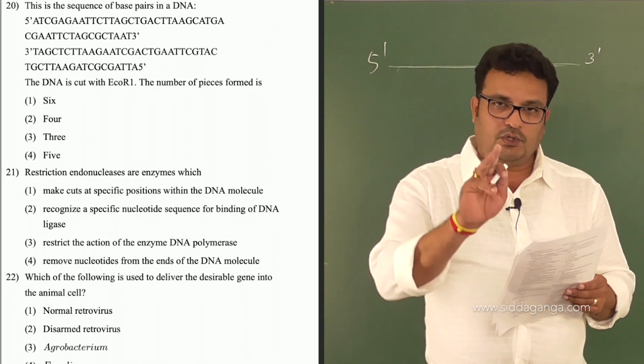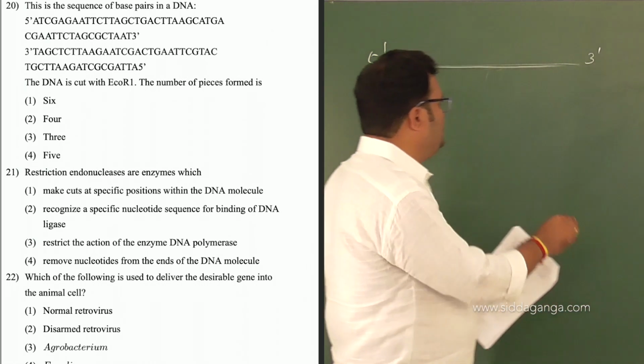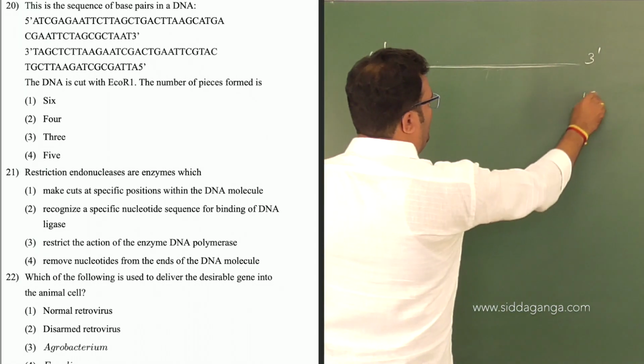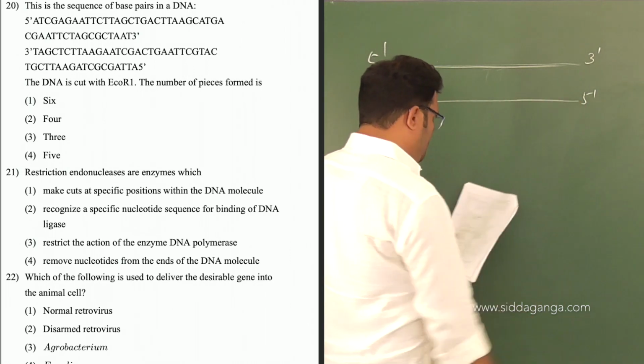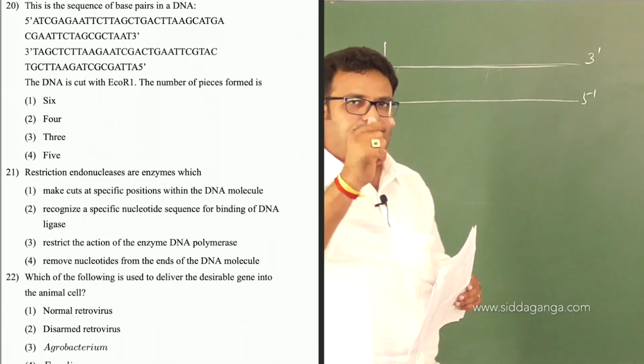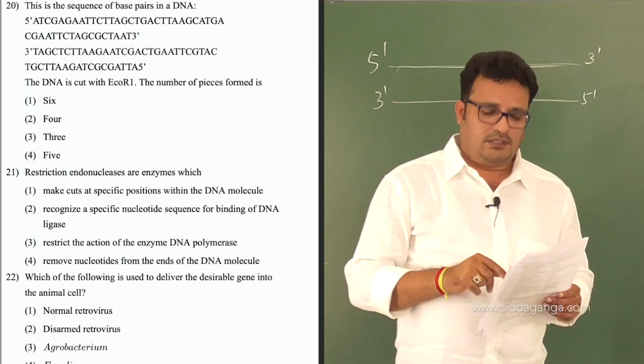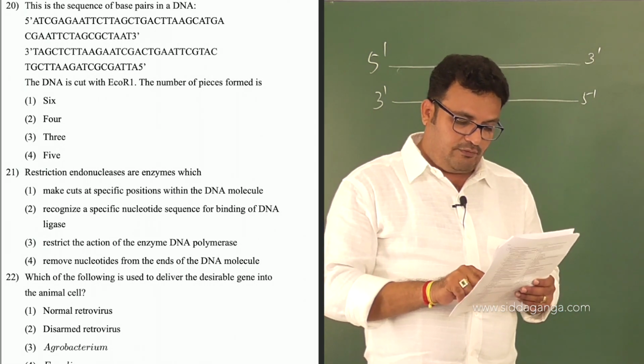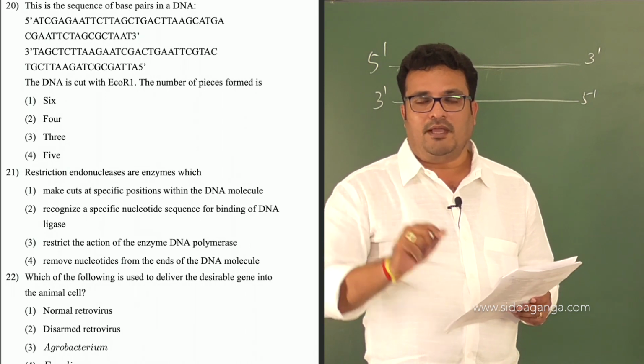First you observe there are 2 strands. One is 5 to 3 and the other is again 5 to 3 in the opposite direction, right? In the question the strands are shown split. The DNA is cut with the enzyme EcoRI.